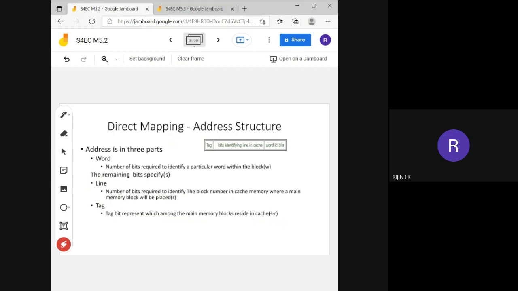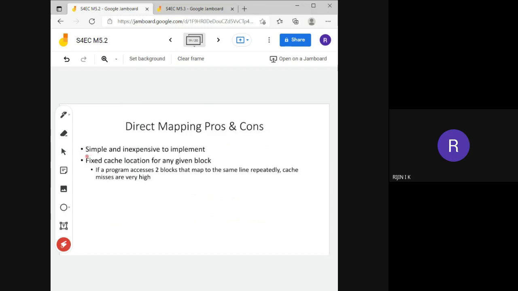Actually this is a simple and inexpensive technique to implement. But there are some limitations. That is a fixed cache location for any given block. If a program accesses 2 blocks that map to the same line repeatedly, then what will happen?